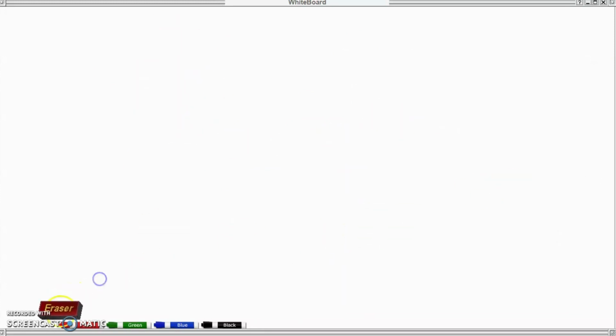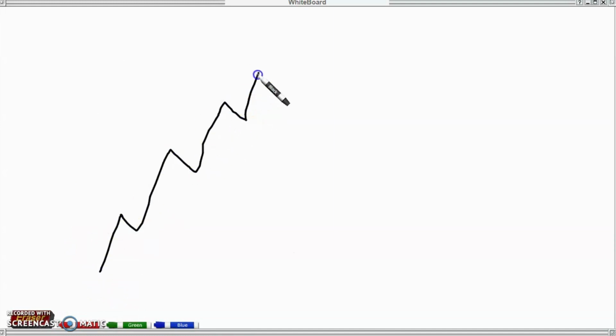The first thing that we get is an uptrending market. An uptrending market's definition is basically higher highs. As you can see, this high over here is higher, this high is higher, and this high is higher. The previous low, this one is higher, and this one is higher.